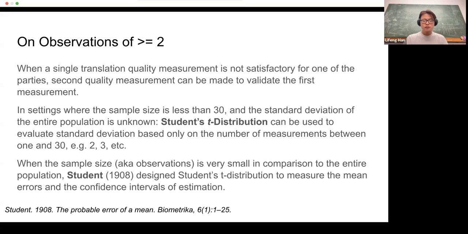When the sample size, also known as observations, is very small in comparison to the entire population, in 1908, Student designed the Student t-distribution to measure the mean errors and the confidence intervals of estimation that was published in Biometrika.